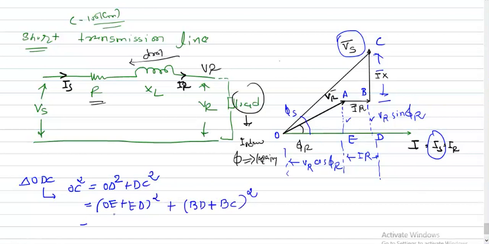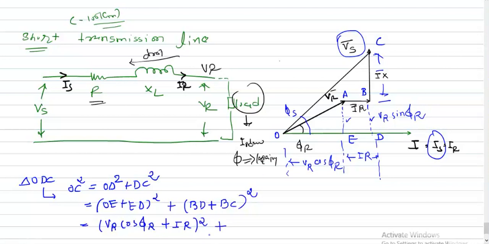OE, because of this small triangle, is VR into cos phi r, plus ED, which is I into R, whole square, plus BD plus BC.